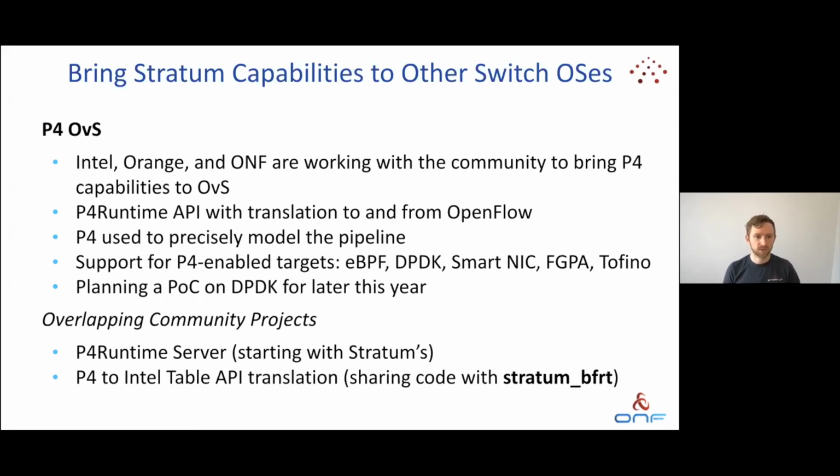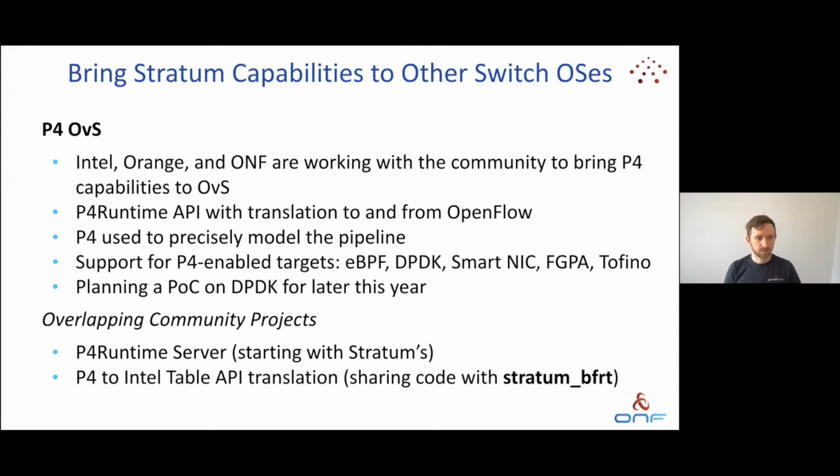But just briefly to summarize, the goal here is threefold. One, to add P4 runtime as a partner API to OpenFlow, and then provide translation between OpenFlow and P4 runtime, so that users of OpenFlow control planes with OVS solutions can slowly migrate components over to P4 runtime over time.